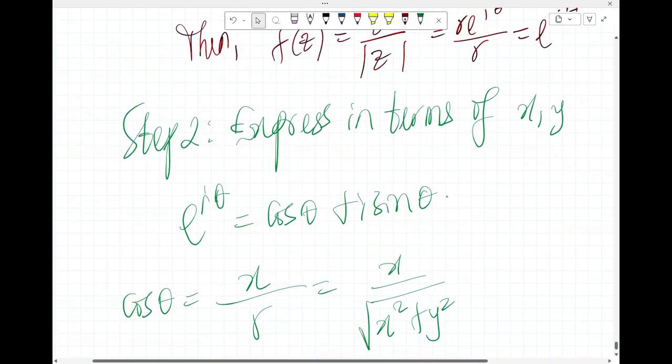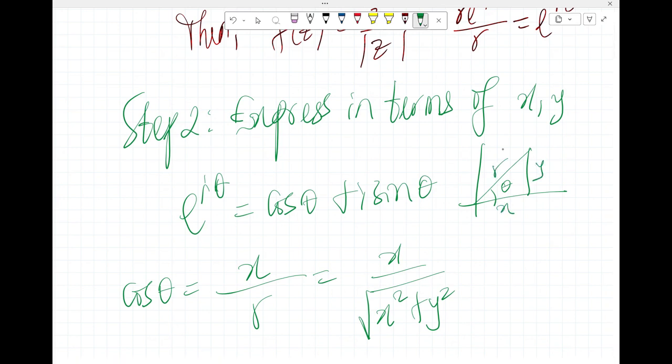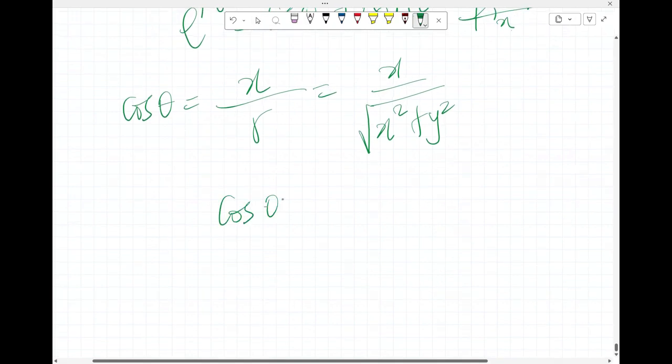In case you're wondering, it's from this idea that if you have a complex number, this is angle theta, this is y, this is x, and this is r. So cos is adjacent over hypotenuse, x over r, and by Pythagoras theorem, r is square root of y squared plus x squared, because r squared is x squared plus y squared. That's where we are getting all this from. So it's established now that cos theta is equal to x over square root of x squared plus y squared.